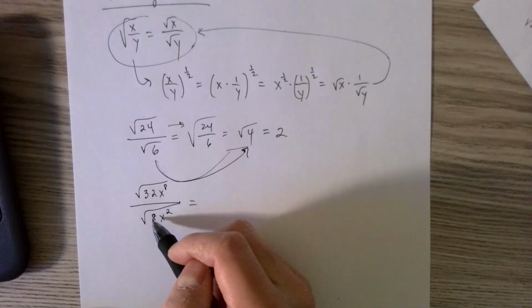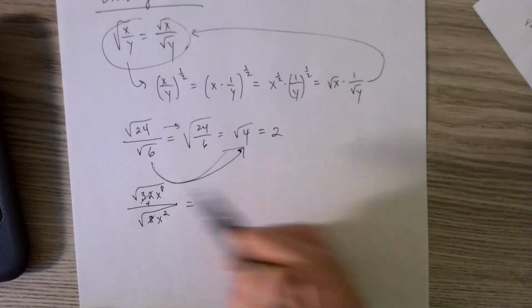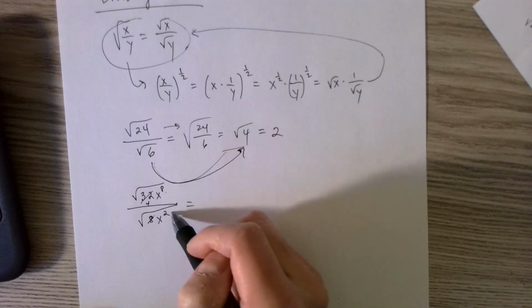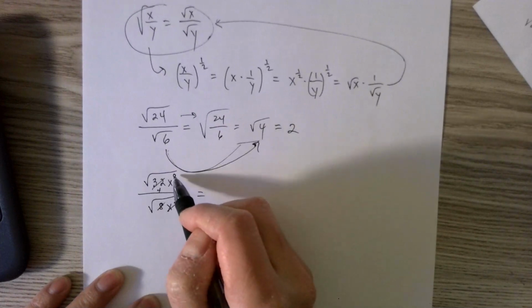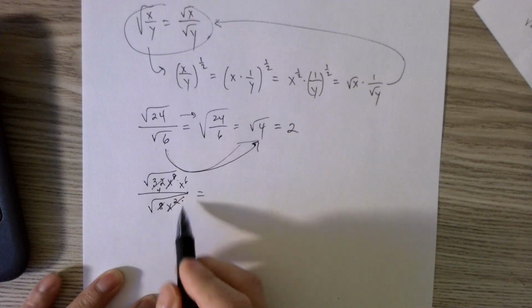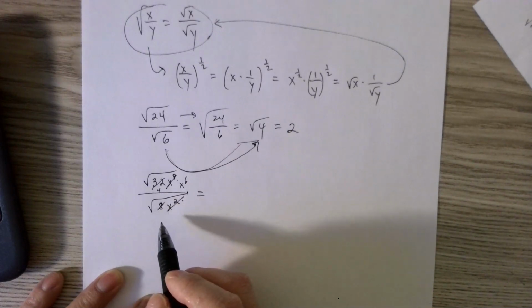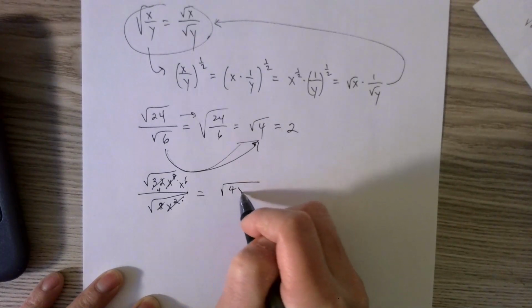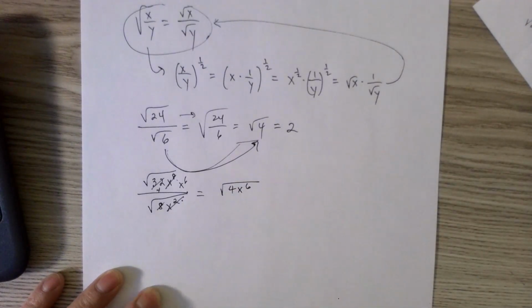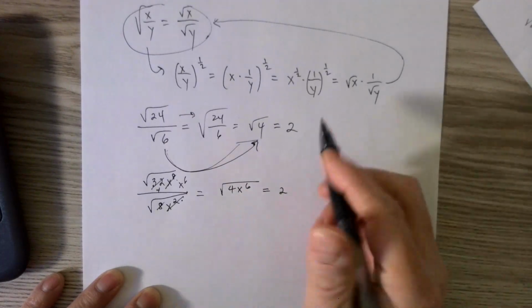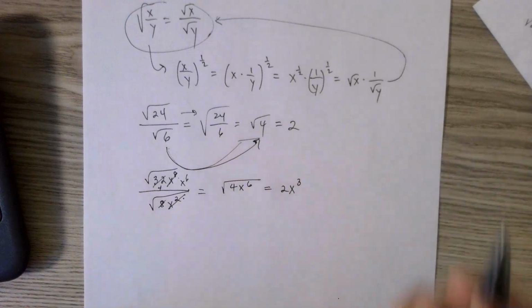So I know 32 over 8 is 4, so that becomes 4. And I know that here I'm supposed to subtract the exponents. So I get x to the 6th. Everything in the denominator has been canceled, so there's no more denominator. In the top, I have 4x to the 6th. Square root of 4 is 2, and the square root of x to the 6th is x cubed.